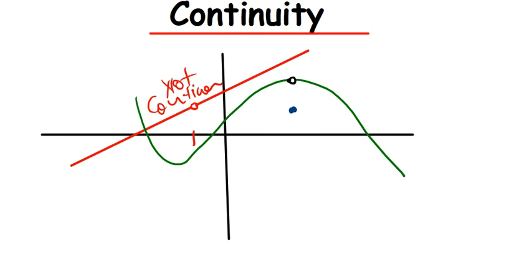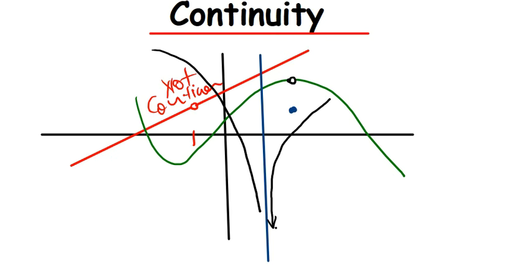There are other cases where a function may not be continuous, such as a vertical asymptote. You may have a line like this, and a function that can never cut this line, and then the function continues again from the other side like this.